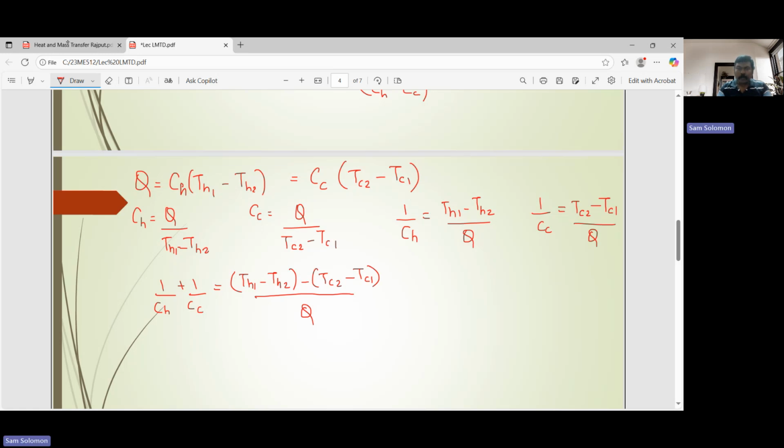And this can be rearranged as TH1 minus TC1 minus TH2 minus TC2 whole divided by Q.